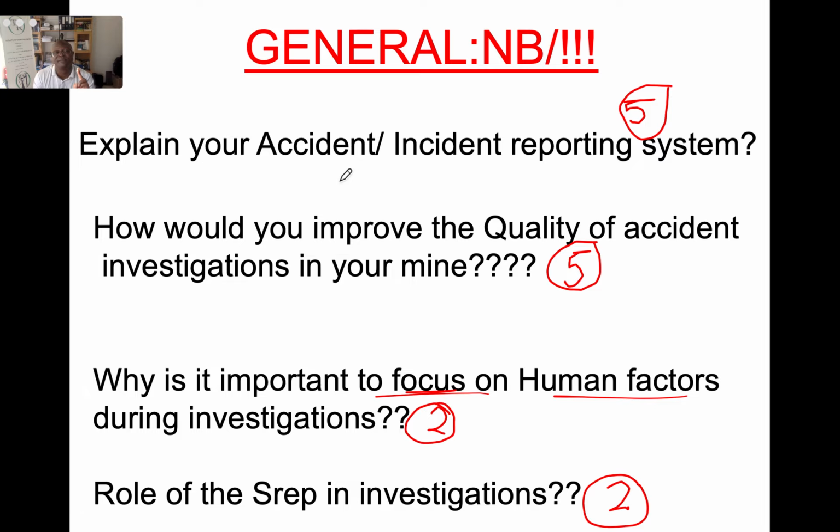Render first aid. Once you render first aid, you notify your control room. All companies have those emergency numbers. Notify your control room. And then from there, we look at what the control room does. Number 4, the control room notifies emergency rescue services. And number 5, the control room notifies management.